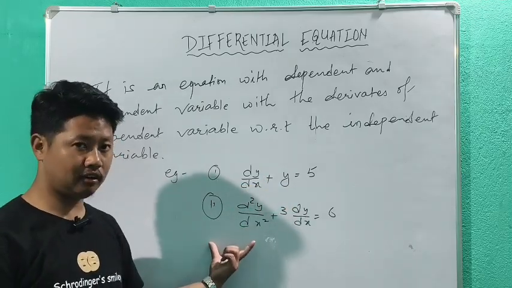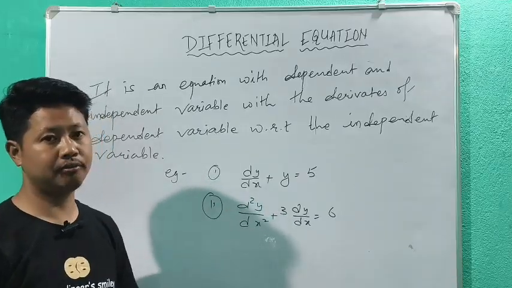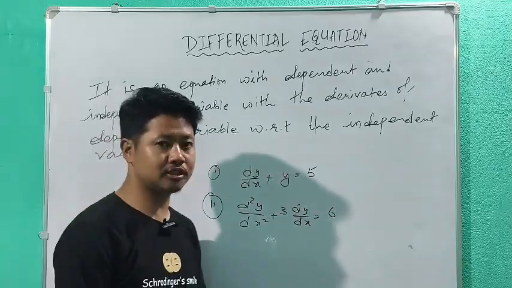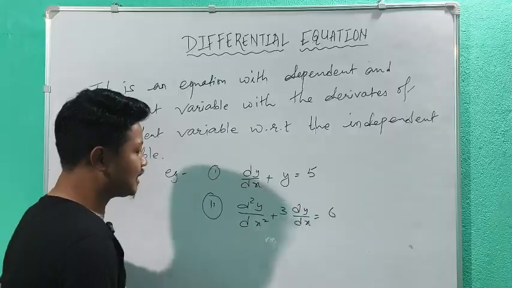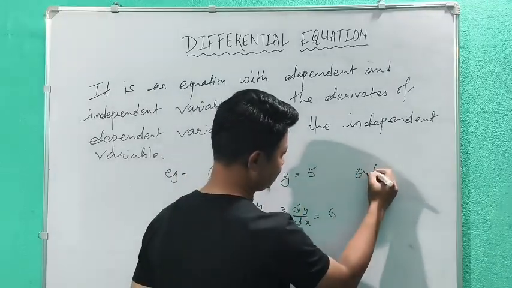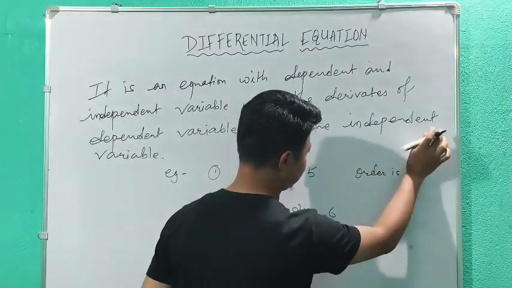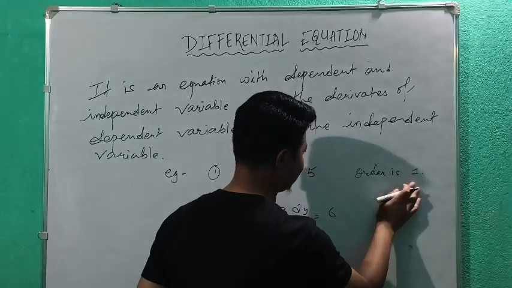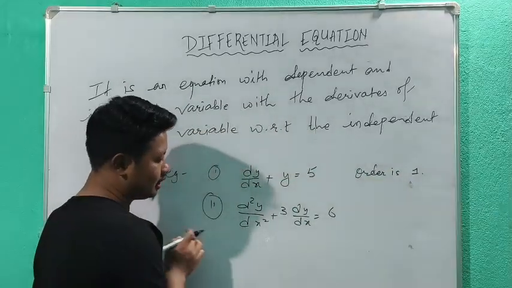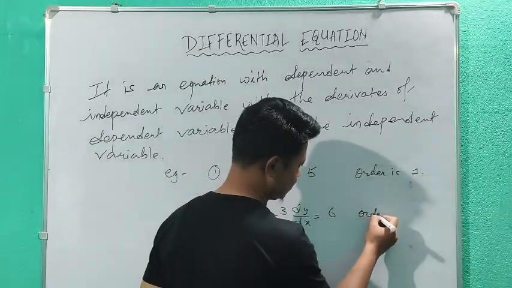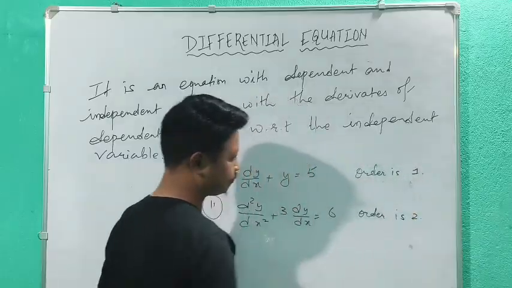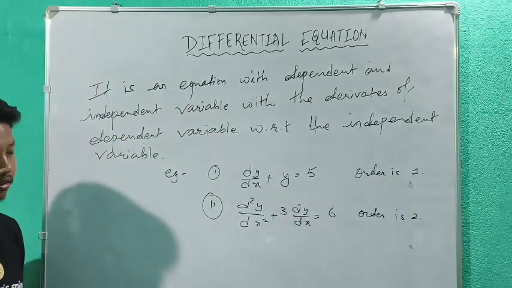Then what is the order of a differential equation? That we must know. If I see, here the order is 1, and here the order is 2. But what is an order?